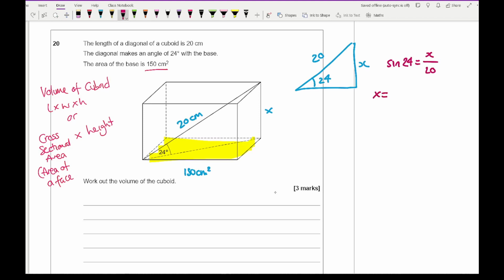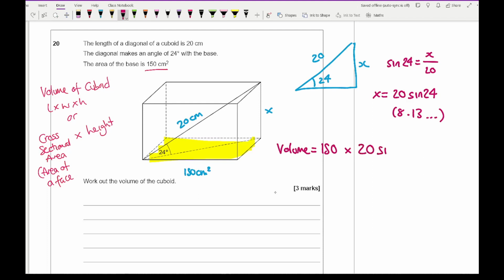So x equals 20 sine 24. And if I type that into my calculator, so 20 sine 24, I get an answer of 8.13 blah blah blah.